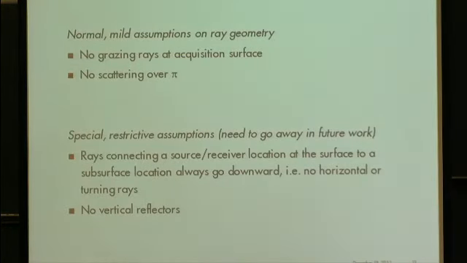I need some assumptions to state my main results. The first two are very well known in microlocal analysis. You don't want rays that are tangent when they impinge on the acquisition surface. We call that grazing rays.